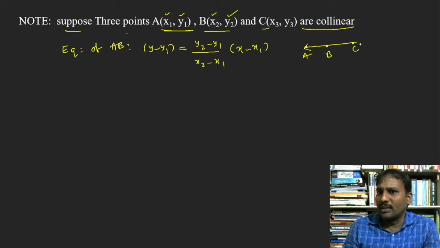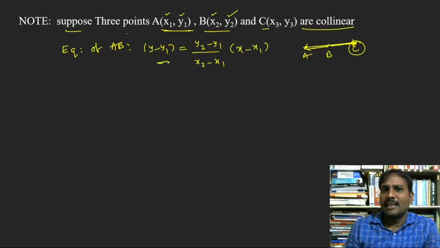Now I have found the equation of AB. So C is lying on AB, which means C should satisfy this equation. Yes or no? Yes. So in place of x and y, we can substitute x3 and y3, as C is (x3, y3).